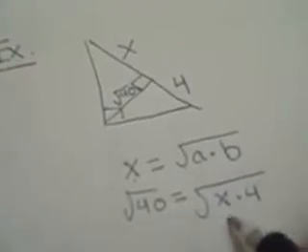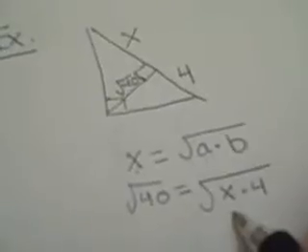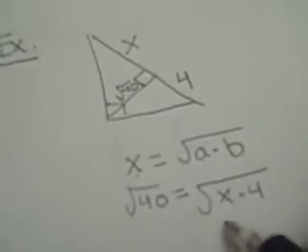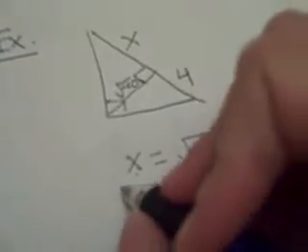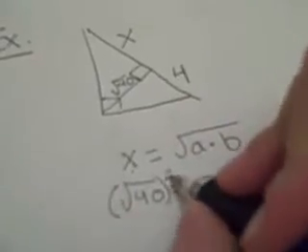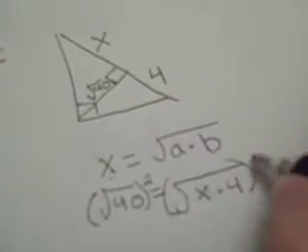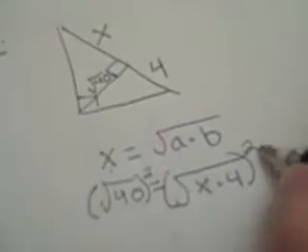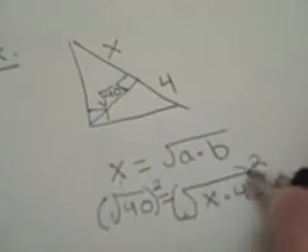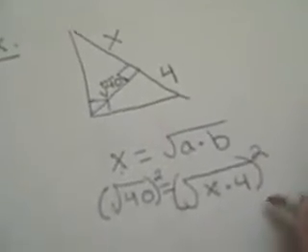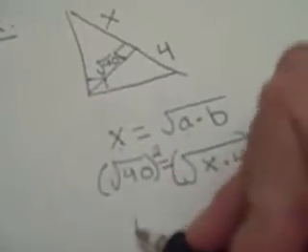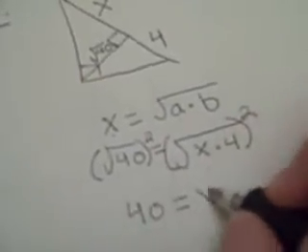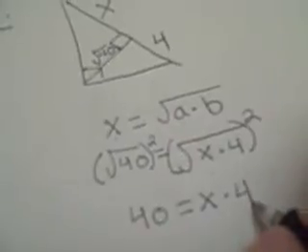To solve this, we have to get rid of the square roots. The opposite of a square root is squaring something. So we want to square both sides. If you square a square root, they're going to cancel each other out. All we will be left with is 40 is equal to x times 4.